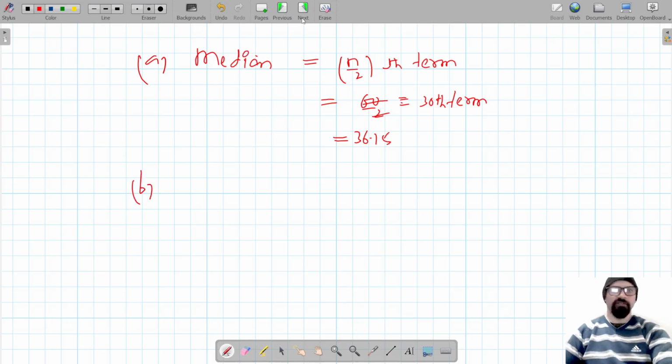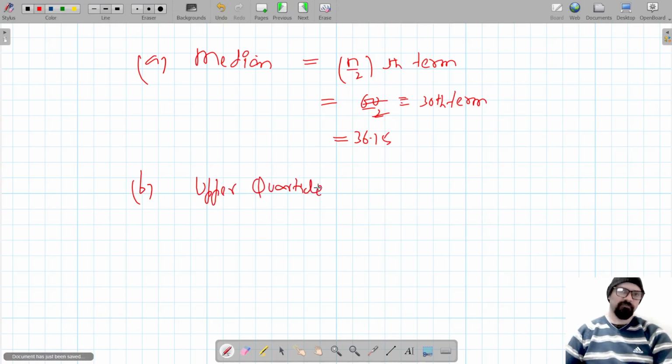Okay, the next part is to find the upper quartile Q3 from the graph. Q3 is given by the 3N by 4 term.